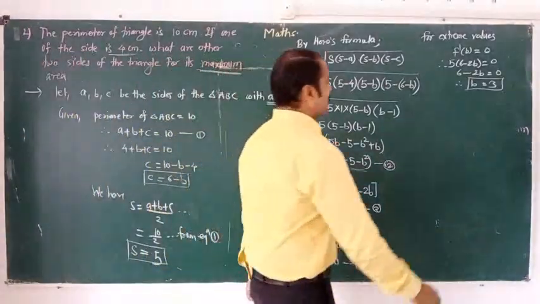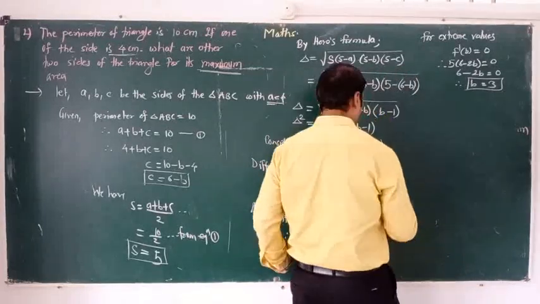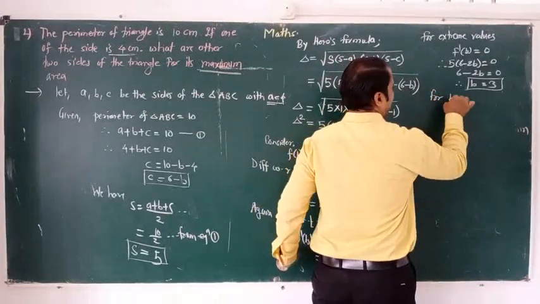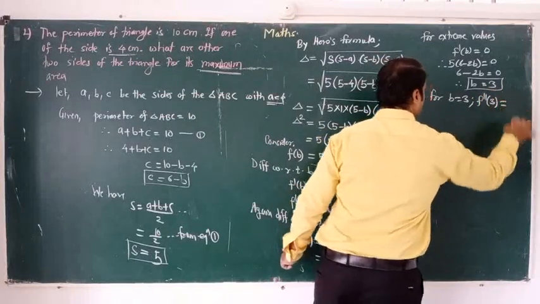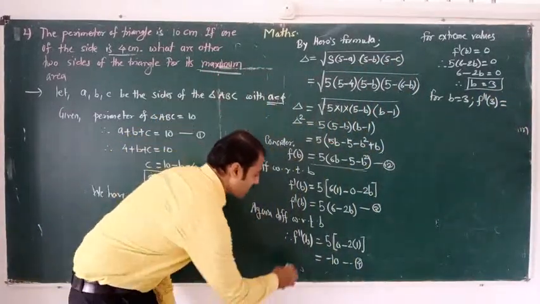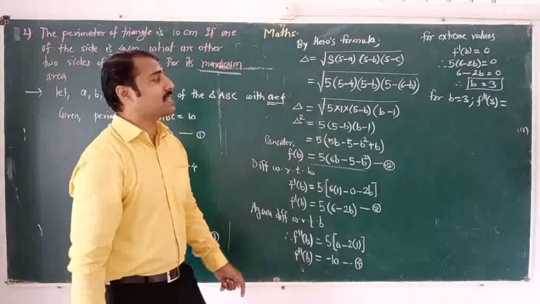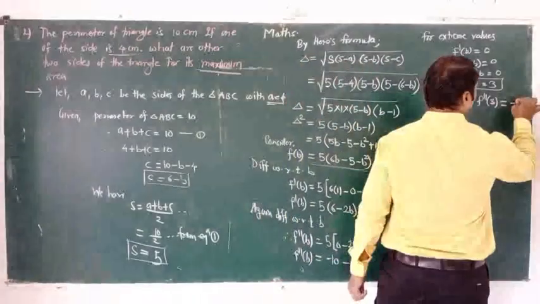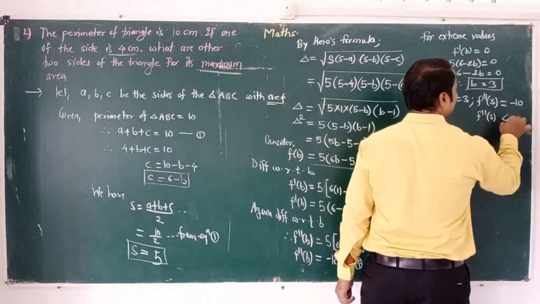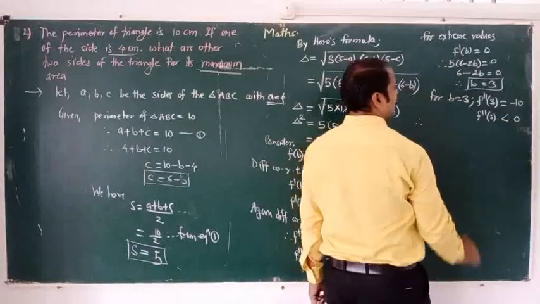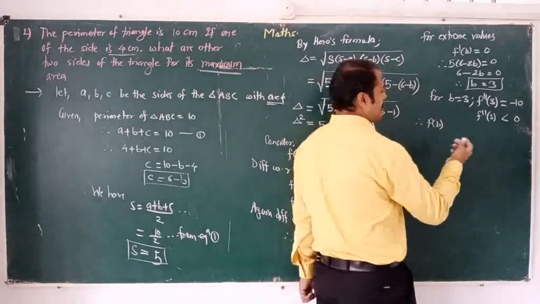Put b equal to 3 in the double derivative, that is equation number 4. For b equal to 3, f double dash of b is minus 10, which never changes. Therefore f double dash of 3 is less than 0. It means it is maximum.